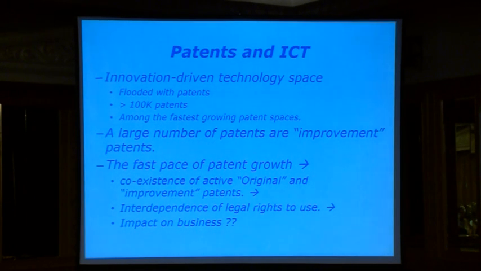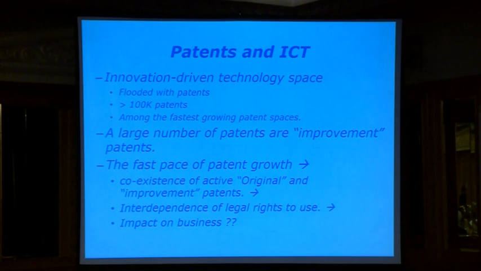The fast pace of patent growth means patents are coming in very rapidly. So there are older patents, and there are the new patents. So there has to be a coexistence of the active original, on which we base the new patents, and the improvement patents themselves. And because of that coexistence, there is an issue of interdependence. One patent, the new one, depends on an earlier one, and what are the legal rights of using the new patent?